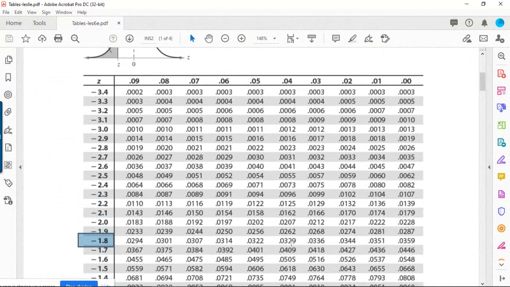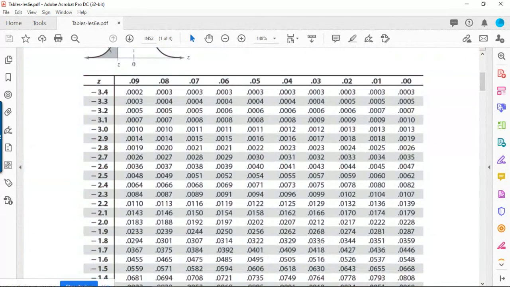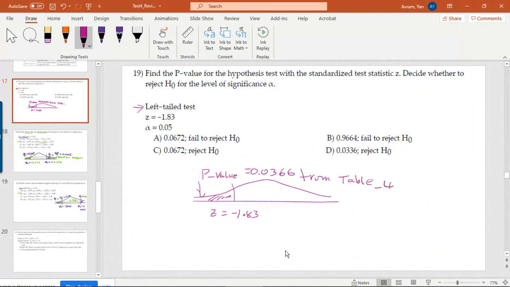Negative 1.83 will be right here. So that will give you 0.0336. Okay. All right. So p-value here is 0.0336. This is from table 4.